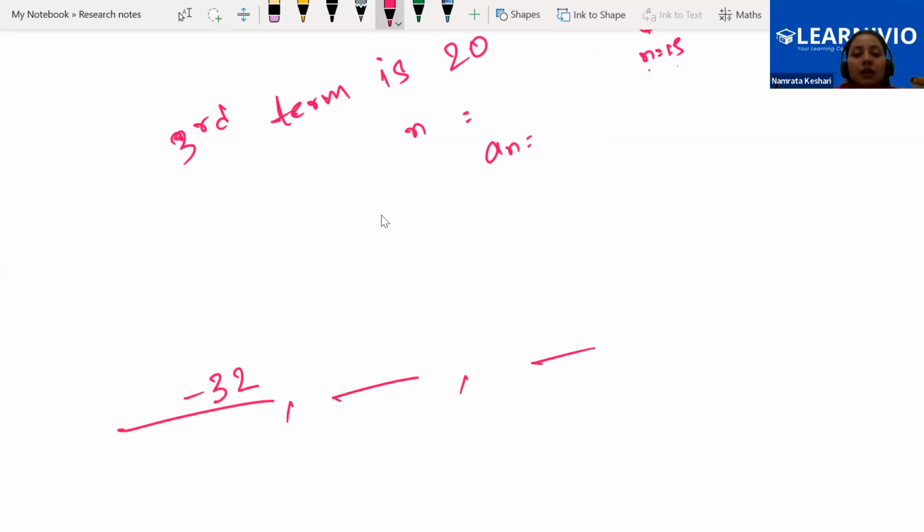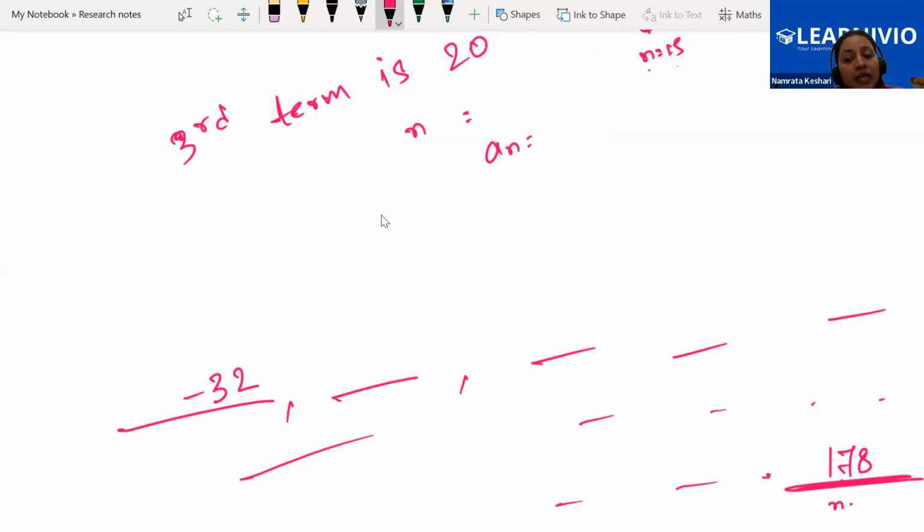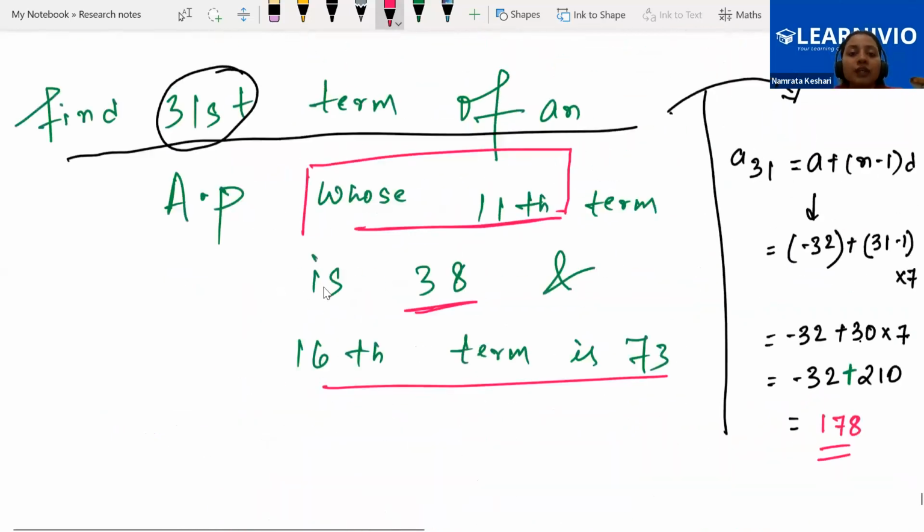Second term, third term, fourth term, fifth term, like this, so many terms are there, and we were supposed to find the 31st term that we got as 178. Where 31st term means n is 31 and the value an, or you can call it a31, is 178.